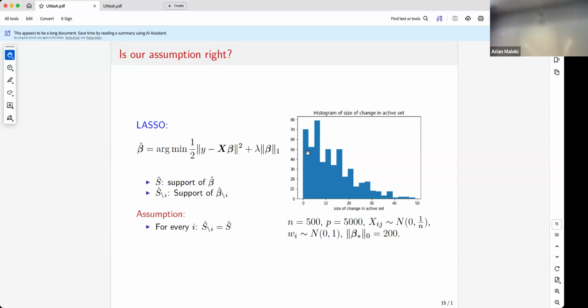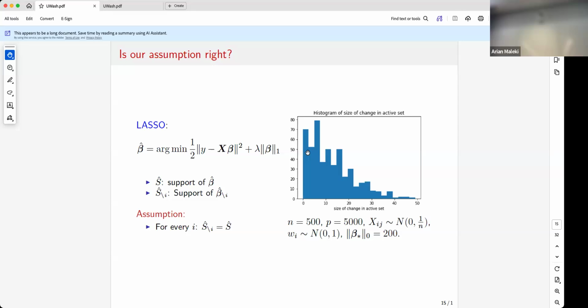Over these 500 solutions, I checked how many have the same active set, the same support as the original problem. Around 70 of them had the same support, but around 50 something of them had a support that was different by 1. And some of them more, as you can see.